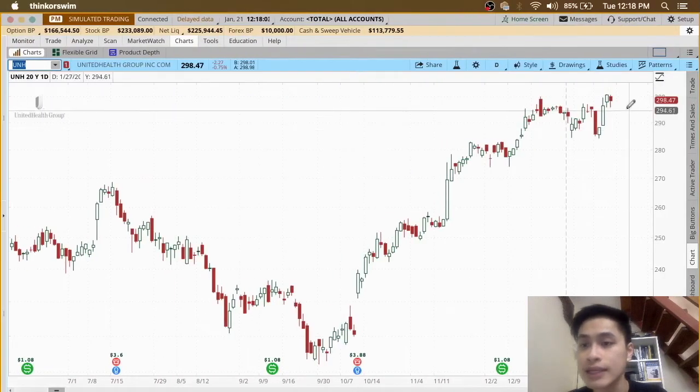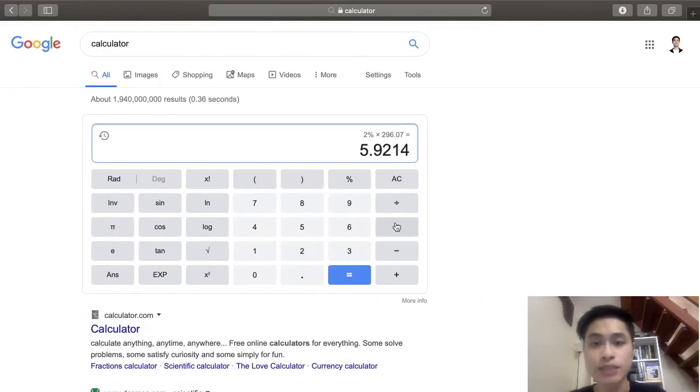So what this means is we want to set our stop loss $5.92 away from 296.07. Let's take a look at what that number will be. So we want to set our stop loss at 290.15.